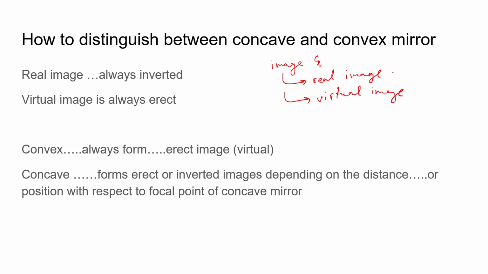A real image is always inverted, and we can see it on a screen, whereas a virtual image we cannot obtain on a screen, but it is always erect.